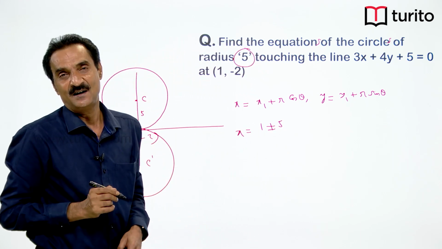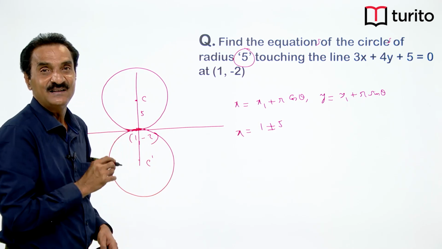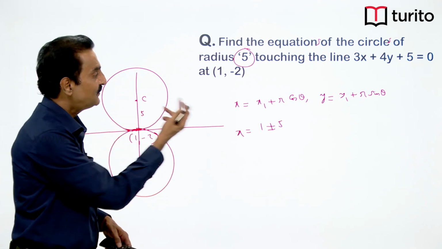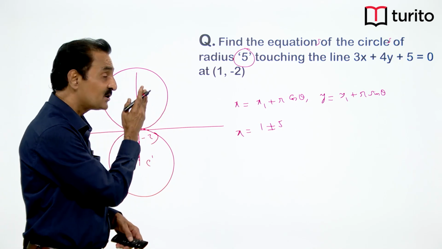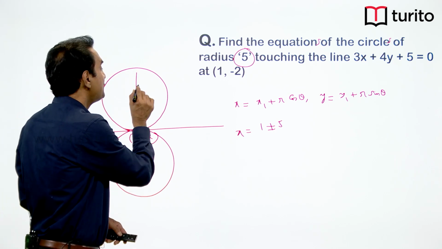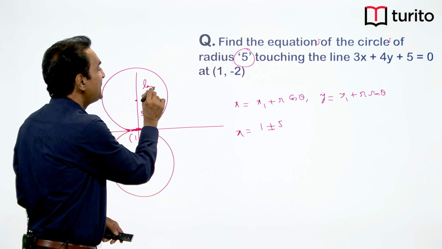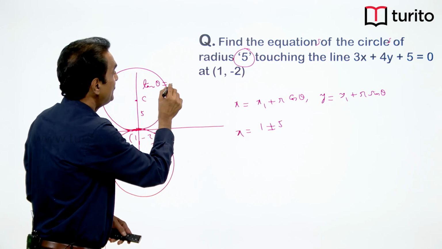What is cos theta? If the slope of the line is tan theta, then we can calculate cos theta and sin theta. Theta is the inclination of the line with the positive x axis. Here tan theta is equal to how much? Perpendicular slope, 4 by 3.